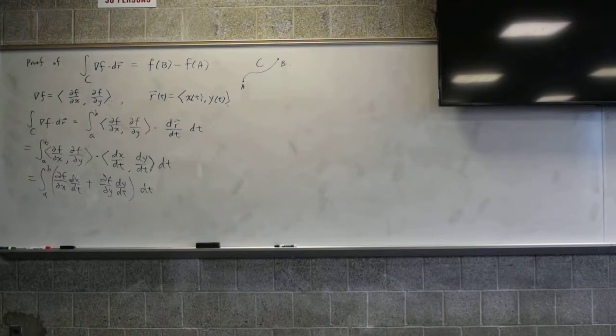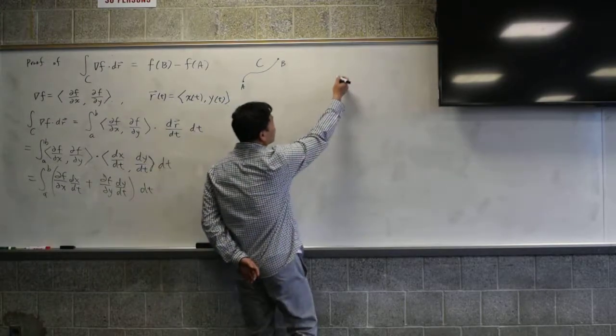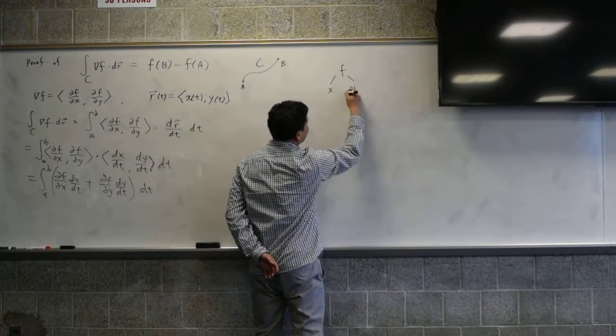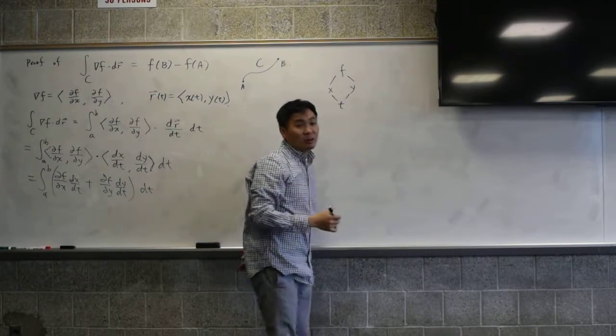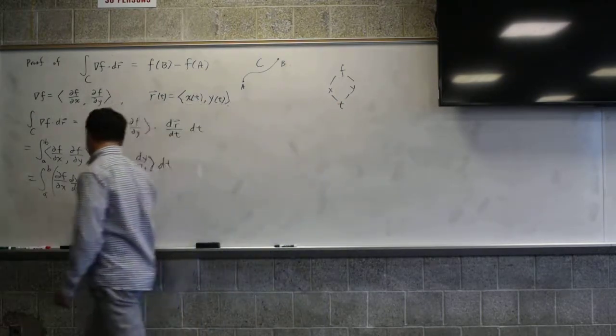Now, take a moment to look at this one. We've seen this somewhere. Where? When did we see this? A few weeks ago, right? Hint: something rule. The chain rule. Thank you, it's the chain rule. If your function is a function of x and y, and they're both functions of t, this is the rule for what?